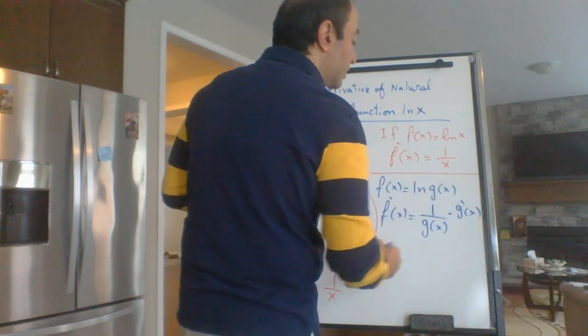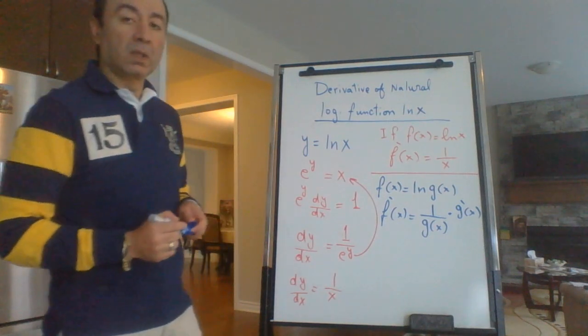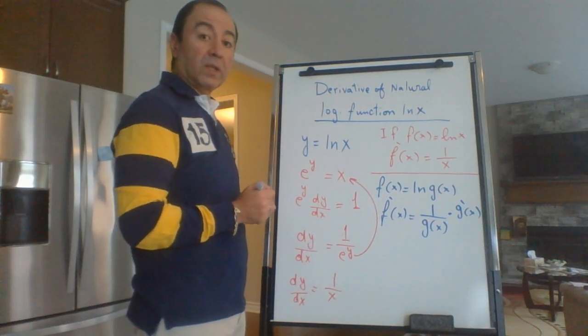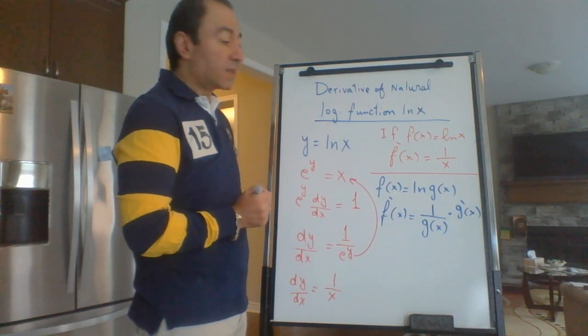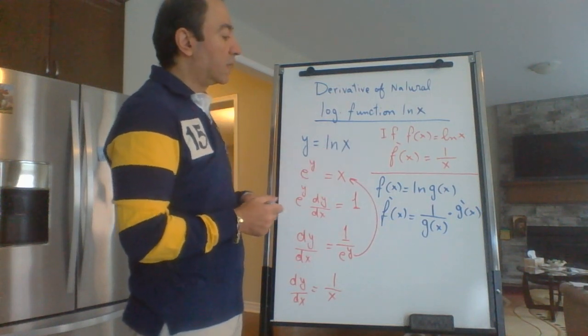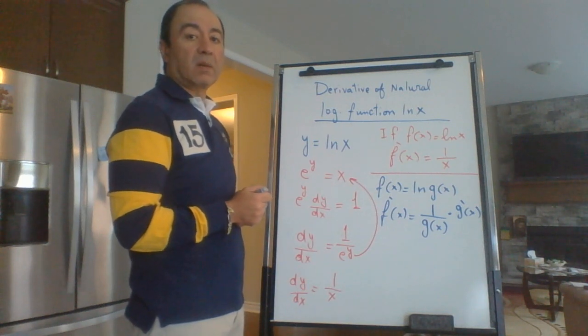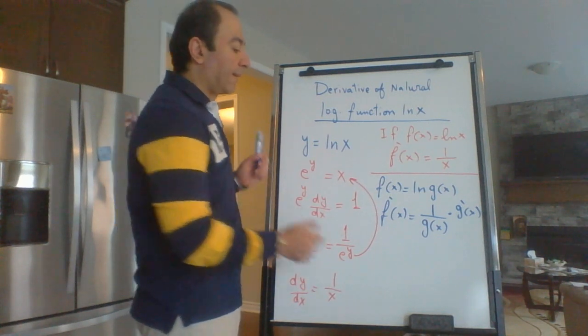Chain rule, because this is a composite function. So we have to apply the chain rule in here. These are the two rules, and we are going to apply them now with some examples.